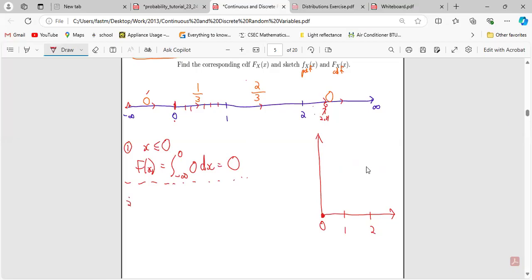So the second one, which is the important one, will be when x is less than or equal to 1, but more than or equal to 0. So you're just looking at where the x could fall. If the x falls anywhere in between here, the CDF will be 0.